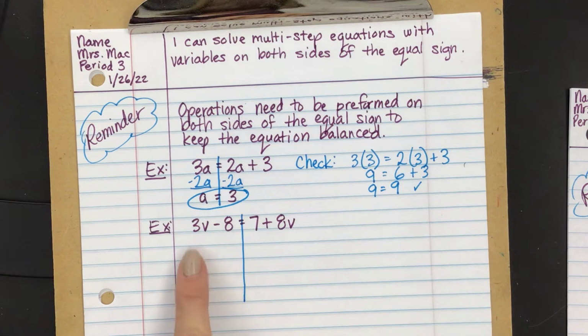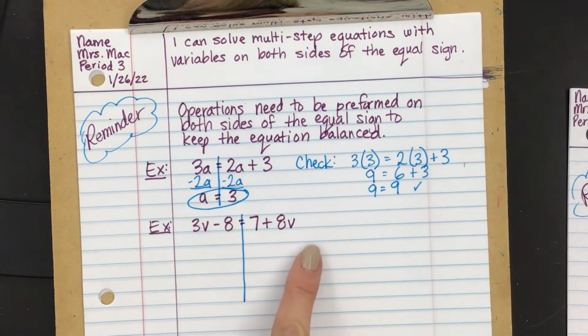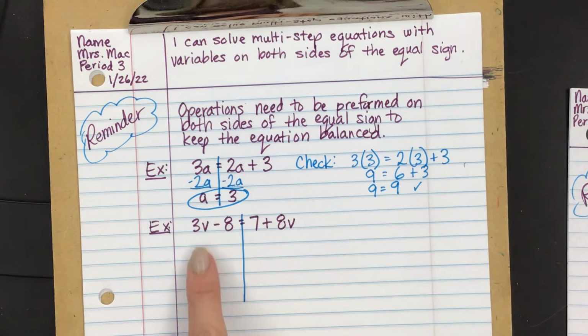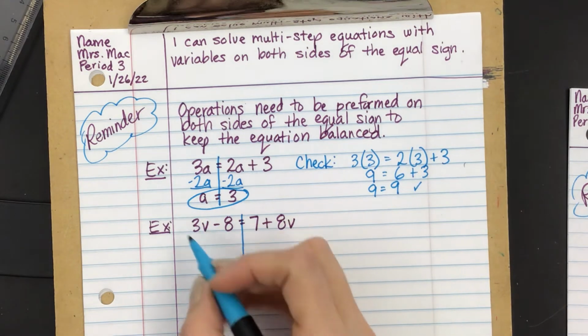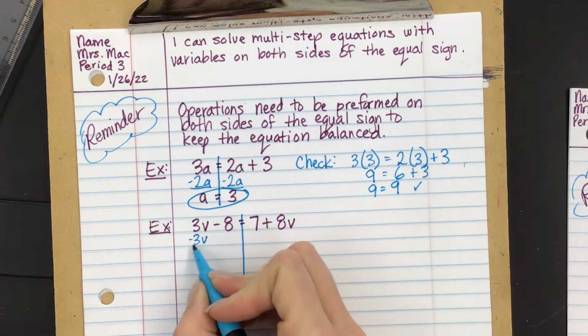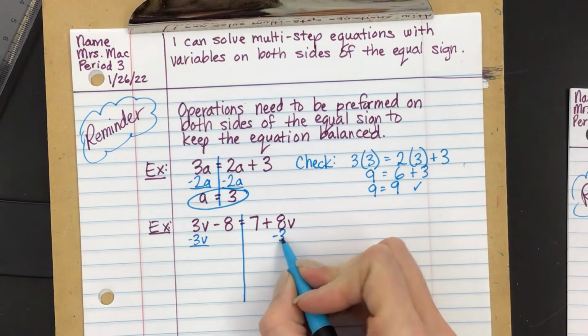For example, if I subtract 3v from both sides, then I'm going to end up with a positive 5v. If I chose to subtract 8v from both sides, I would end up with a negative 5v. But I don't like negatives. It's so much easier if everything is positive. So I'm going to choose to subtract my 3v because it's going to make my numbers nicer.